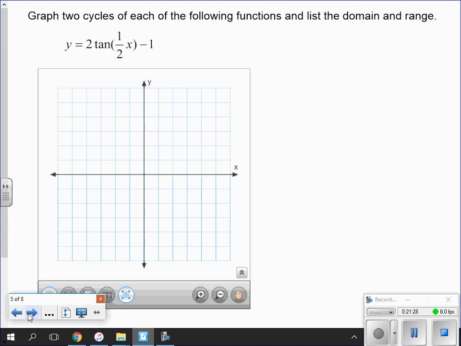Okay, so, yeah. This is where things get a little tricky, but they're not bad. Okay? So I have 2 times the tangent of 1/2 x minus 1. The 2 in front does my amplitude, is what we were doing with sine and cosine. On tangent and cotangent, it really doesn't do much. It's kind of like a stretch with a parabola.